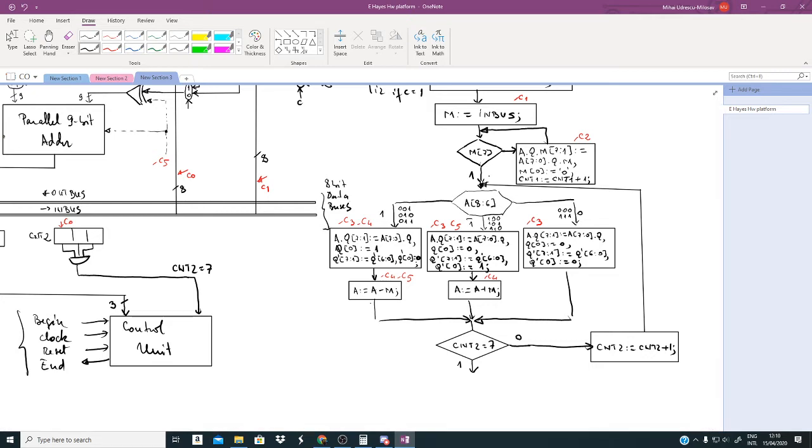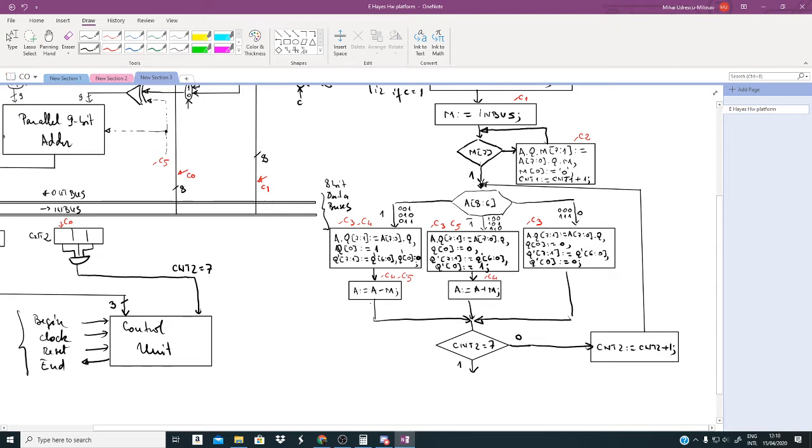For this, we need... right here we have a mistake, right? When we add, we do not activate C4 because C4 is already used over here.